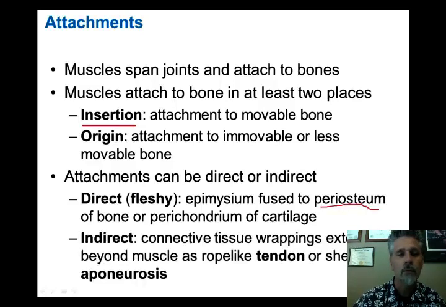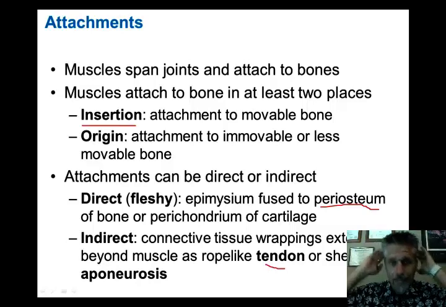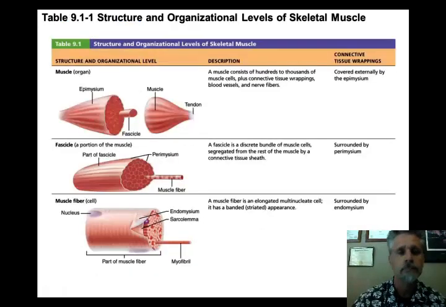Or there's indirect, where we extend beyond the muscle, like the tendon or even an aponeurosis. So direct is right into the bone, and indirect has this dense regular connective tissue that forms a tendon. An aponeurosis is a big, broad, flat tendon, like over the top of the skull. But regardless, we have to attach to the bones in order to move them.